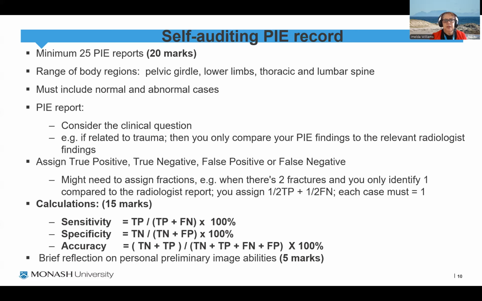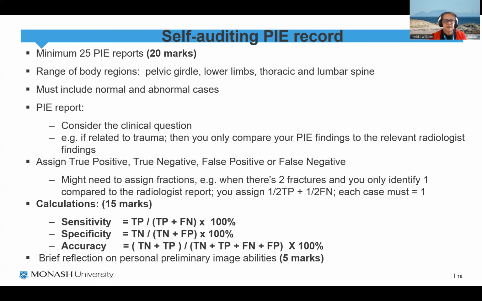For example, if it's trauma and there is a fracture, however, the radiologist might pick up on some indications such as osteoarthritis, you can ignore that part of the clinical question. However, if something has been picked up which is not related to the clinical question but still important and significant, then you have to mention that.